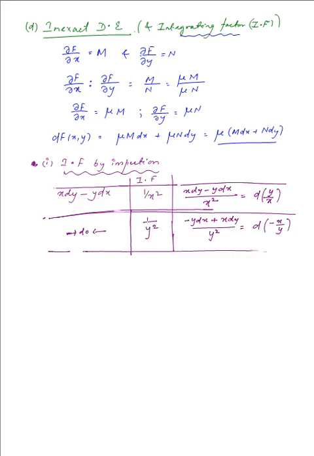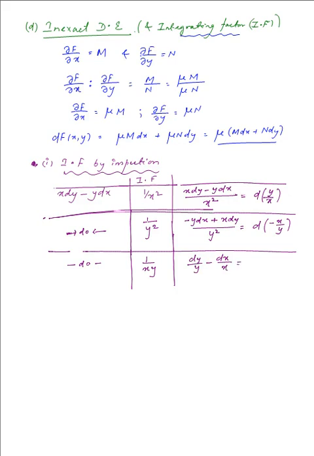Then again, if we multiply the same equation with another integrating factor, which is 1 by xy: dividing x dy by xy, the x's get cancelled out and we have dy by y, and minus y dx divided by xy, the y's get cancelled out, so we have dx divided by x.